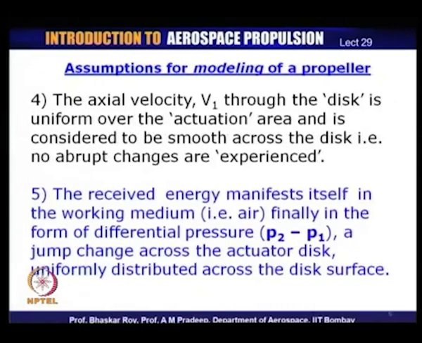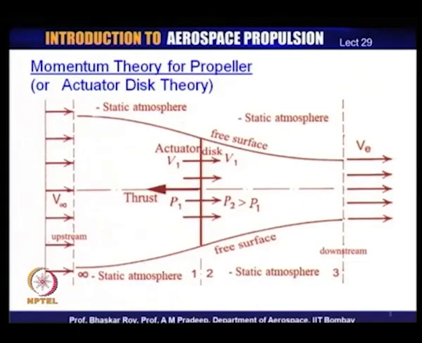So, let us go back to the diagram which we were looking at. So, we have now defined the entire mathematical or physical model that we have in front of us. We have an actuator disk which essentially replaces a propeller. It has infinitesimal thickness, it is 100% porous, and it has no mass whatsoever.